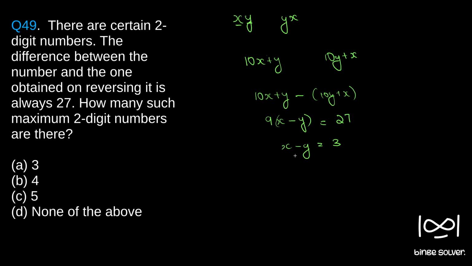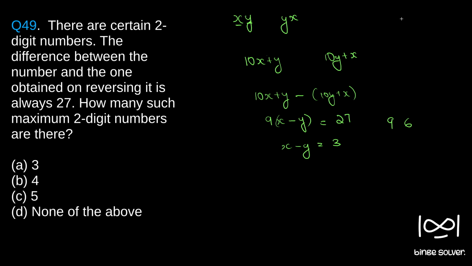So we have x minus y is always 3. What are the possible combinations? The possible combination where x minus y is 3 starts with 9 and 6. 9, 6 is a combination that satisfies this.